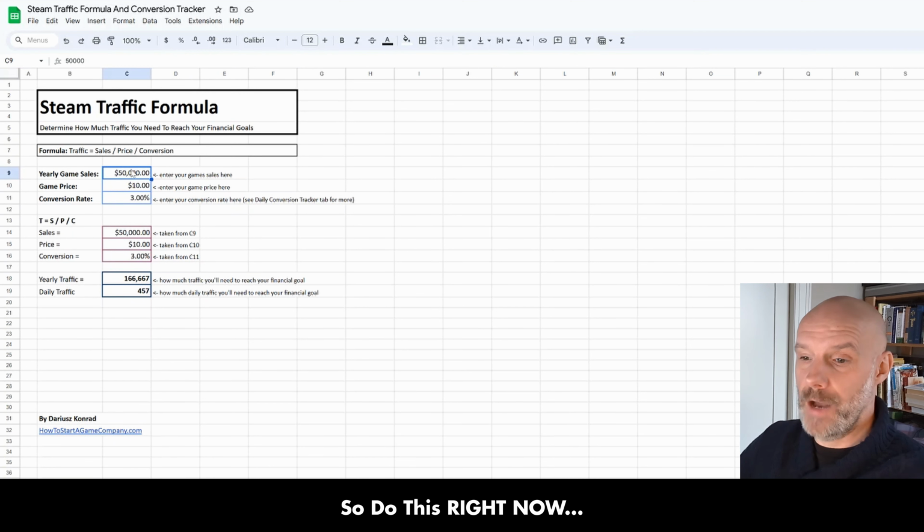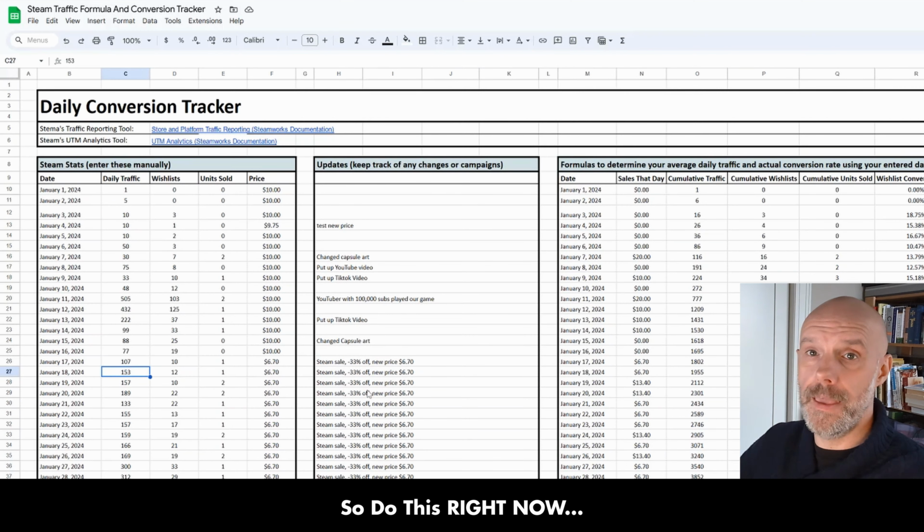So what I want you to do right now is to open the Steam traffic formula and just plug in the numbers. There's 3 numbers, right? How much money you want to make in the year, the price of your game, and then put in a 3% conversion rate, and this will show you how much daily traffic you need. And just knowing this number will help you redirect your efforts to see what's working and what's not. But it's really important to track this data daily so that you can see how your efforts are affecting wish lists and game sales.